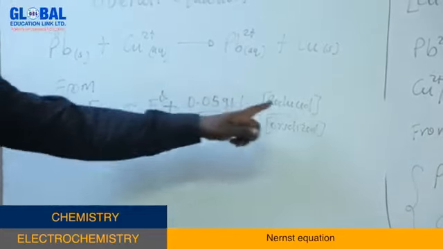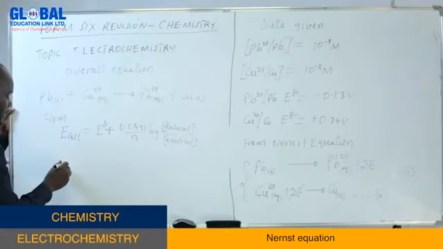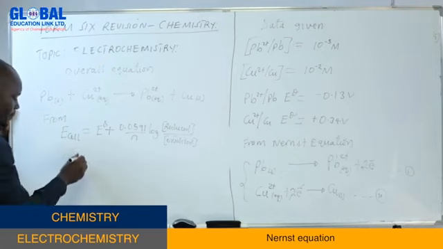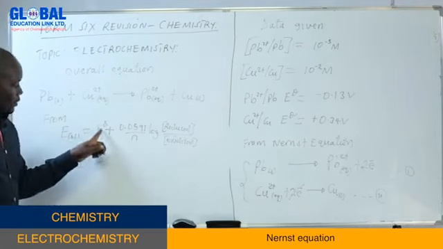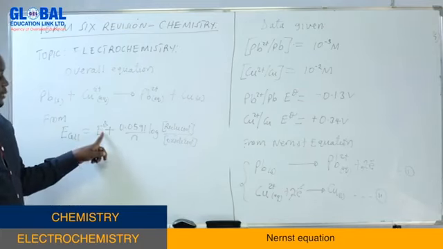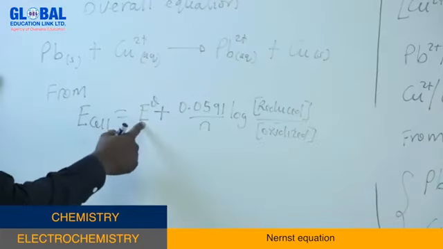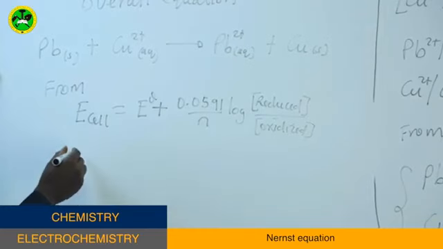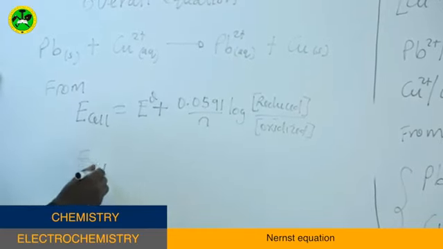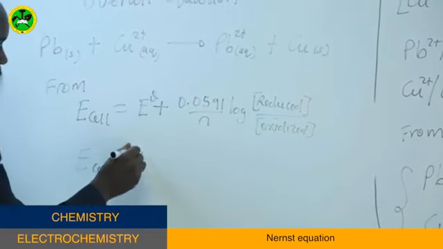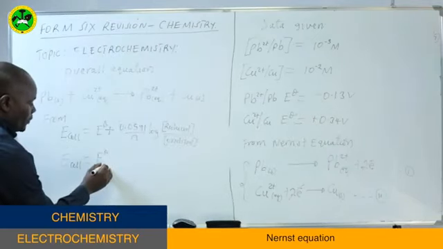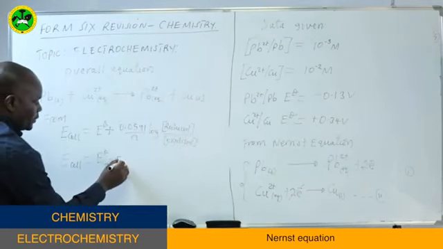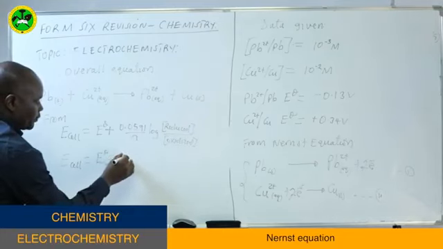But the EMF of a cell, we said that we just get it by taking E of cathode minus E of anode. And here it will be E of copper minus E of lead, which is the standard electrode potential of copper minus that of lead.